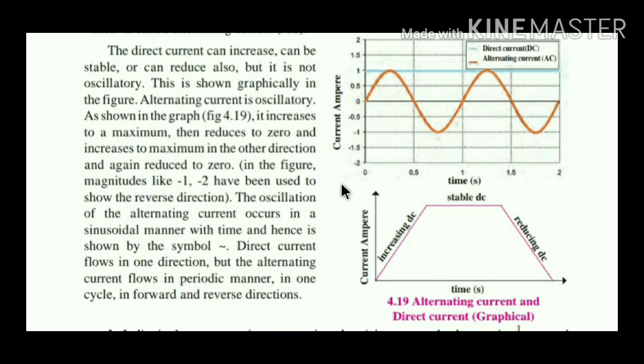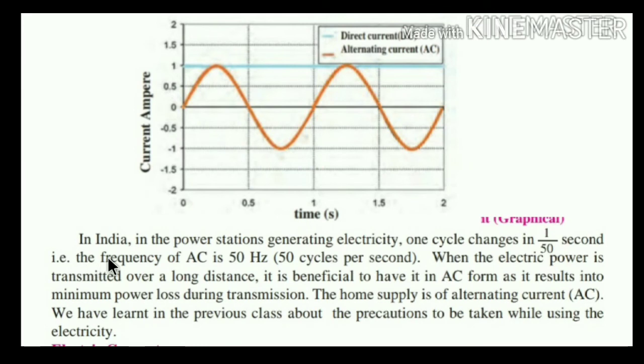In India, the power stations generate electricity, and the electricity in our home is also from these power stations. One cycle changes in 1 upon 50 second, that is the frequency of AC is 50 Hz, meaning 50 cycles per second.